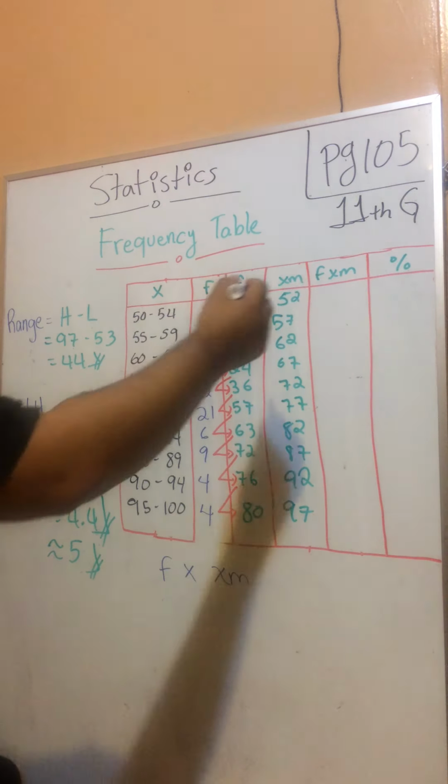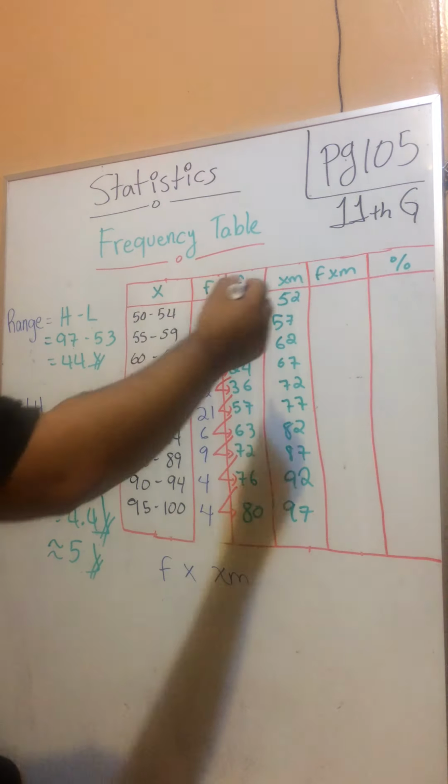Then 11 times 62 is going to give us 682. The next group, 10 times 67, 670. 12 times 72, 864.